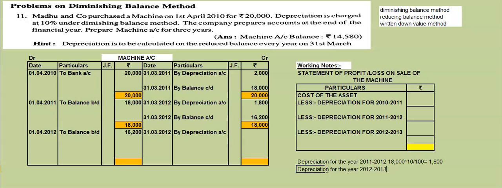How much is it? 16,200. How much is the reduced value? 16,200 into 10 divided by 100. That is equal to how much?